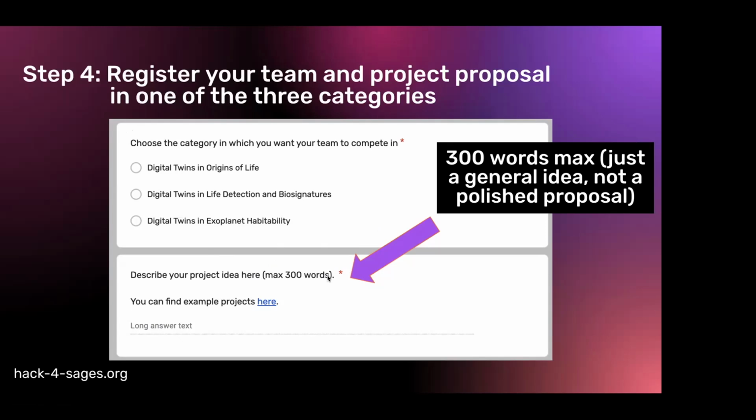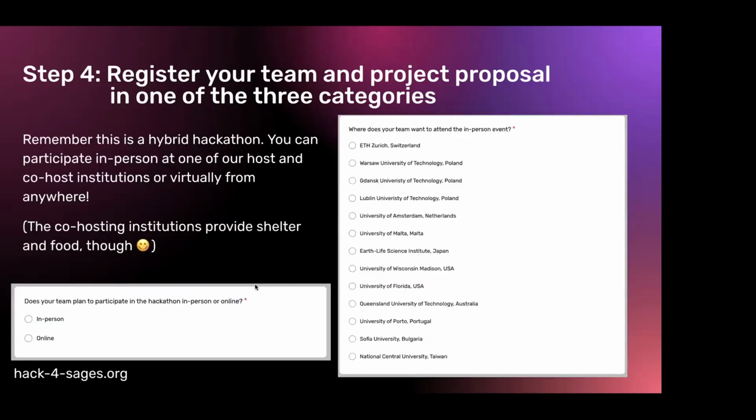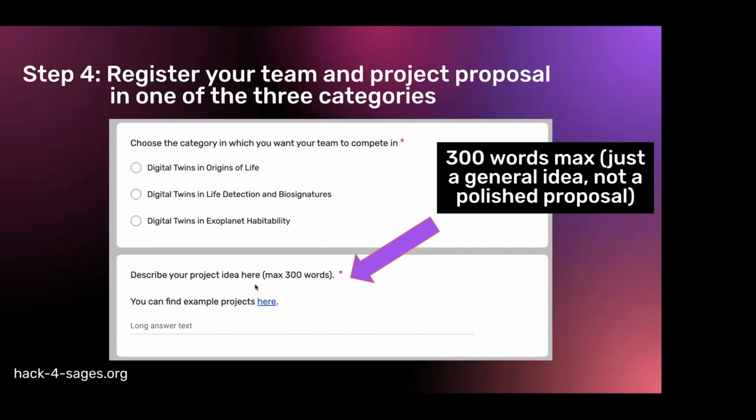It's maximum 300 words. So again, it doesn't have to be very specific. Just give us a general idea of what you would like to work on. We also created a document with example projects. You can either click on the link here in the Google form, or it's also on the website. I will show you in some later slides.